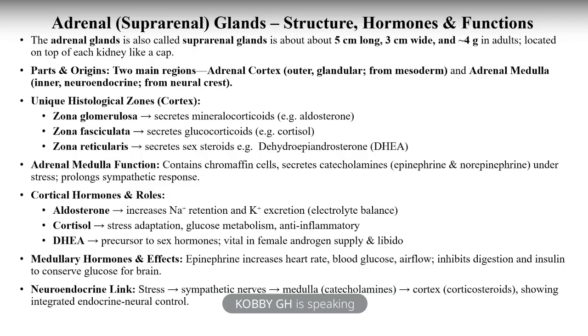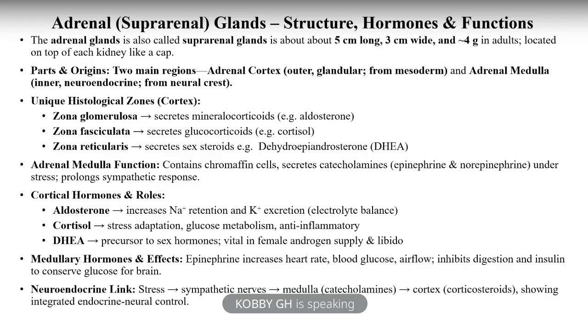Norepinephrine is responsible for decreasing activity in your body. So if we want your heart rate to go down, the adrenal gland can produce norepinephrine. If we want your heart rate to go up, the medulla can produce epinephrine.